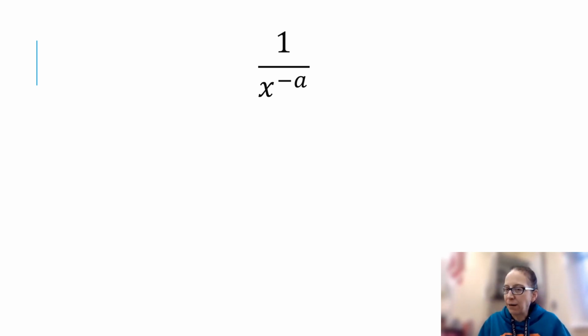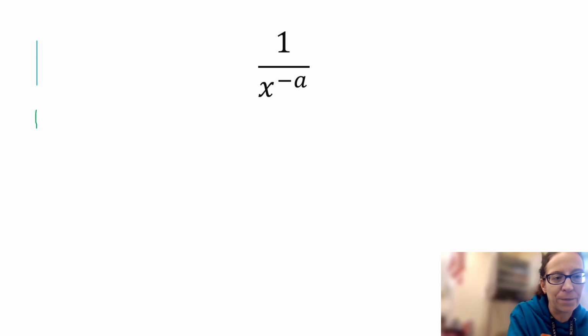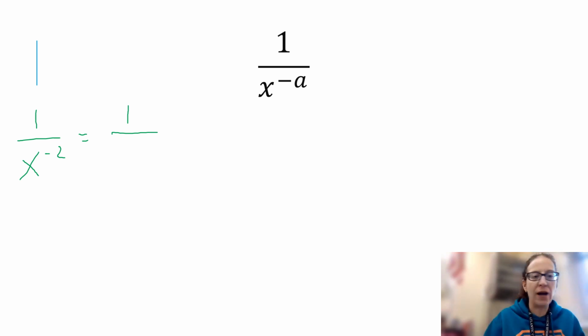So for the reasoning on this, you're just going to have to bear with me, okay? We're going to do some scratch work here. So 1 over x, we'll just do -2, okay? That would be 1 over. Now, we just established that x to the -2 was equal to 1 over x to the +2.